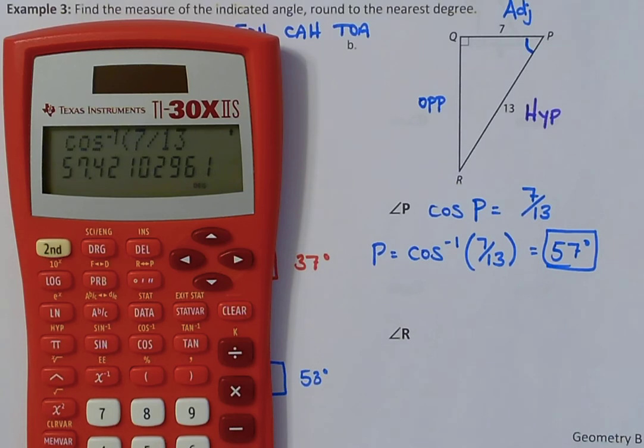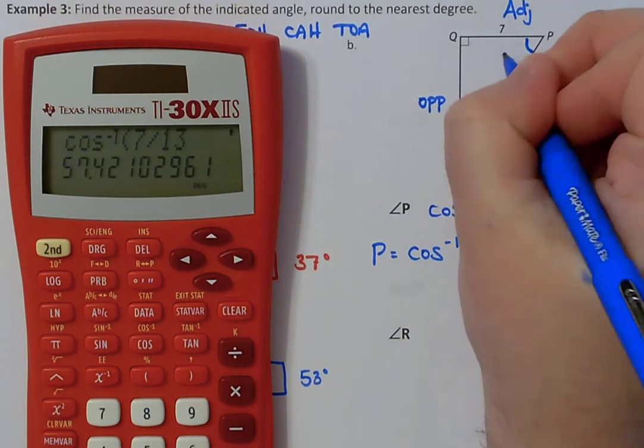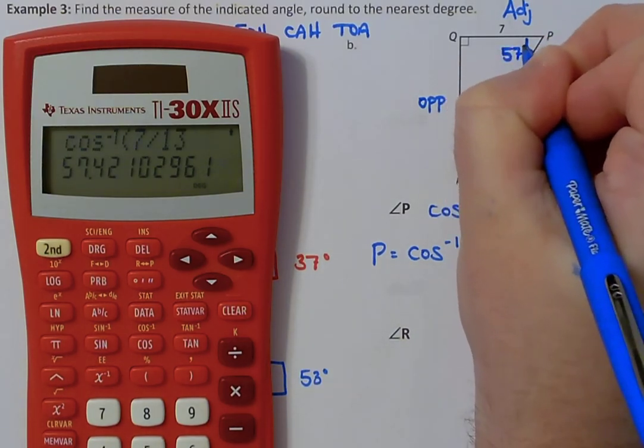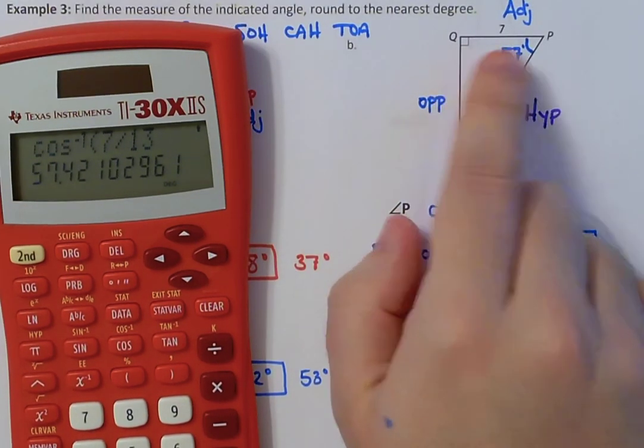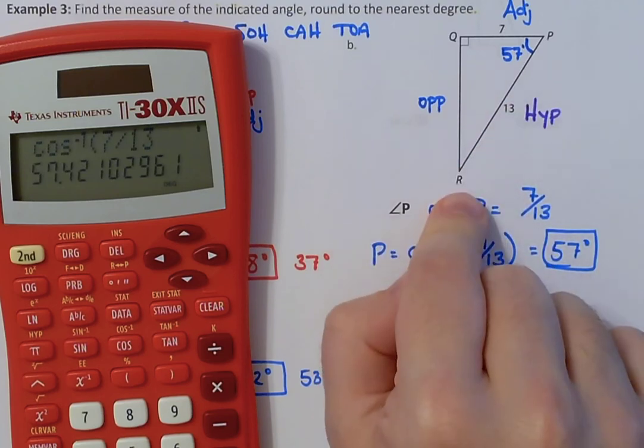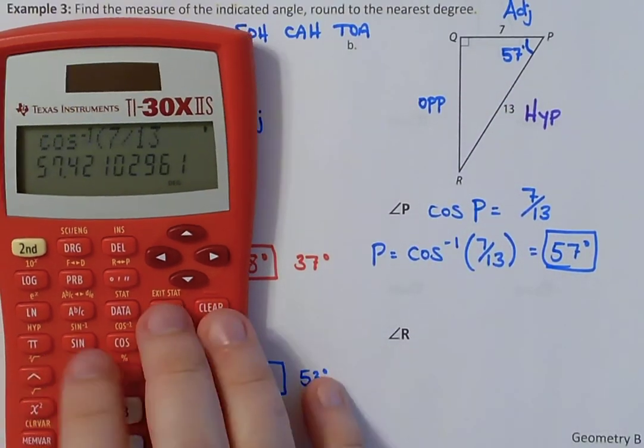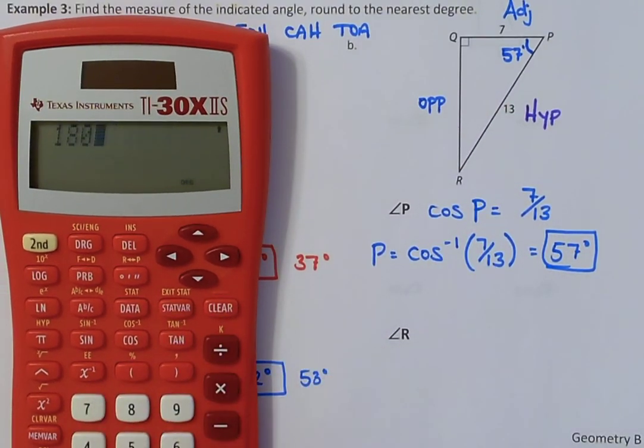So if we know the measure of angle P is 57 degrees, I'm going to write it in here. If I know Q is 90 and P is 57, to figure out R, all we have to do is 180 minus 90 minus 57, and that would give us 33 degrees.